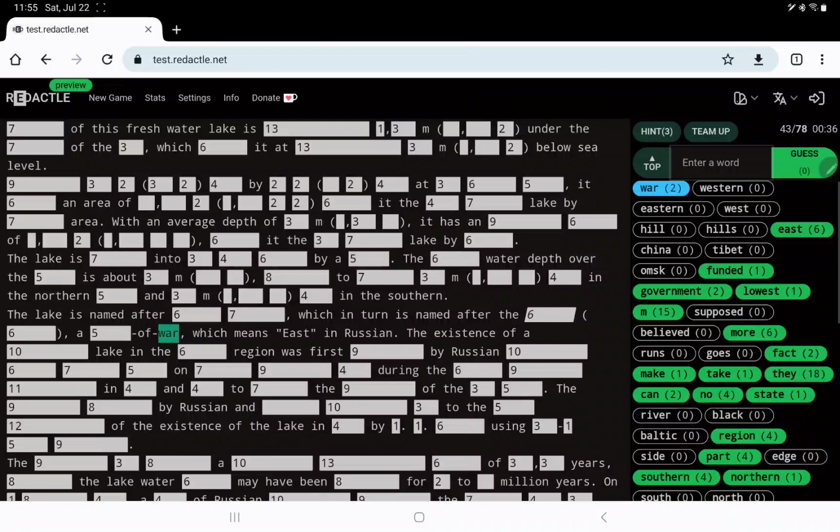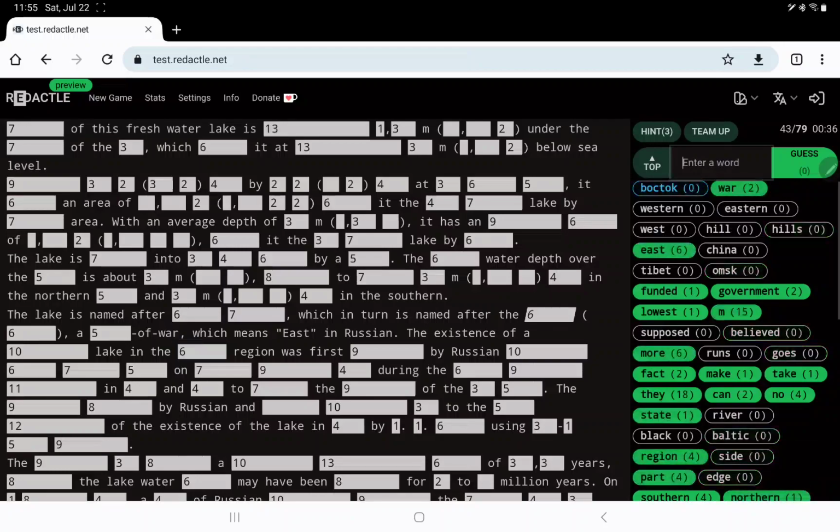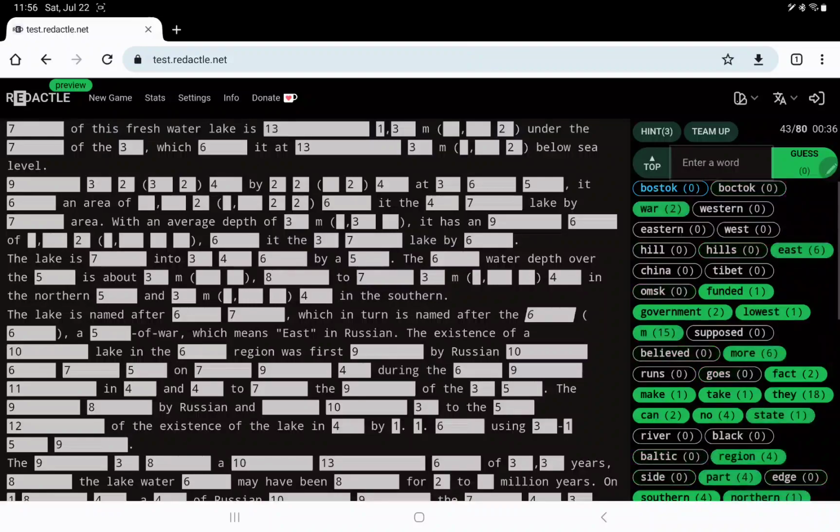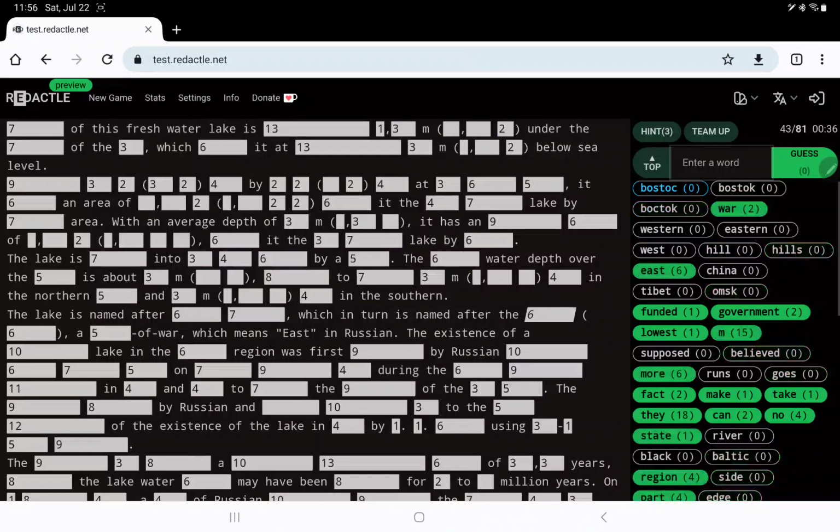I thought it was a city, but let's try both. Let's try the Boctok. No, okay, let's try Bostok. No, let's try Bostock. No. All right, I was very excited there just because I do have heard of Bostock.